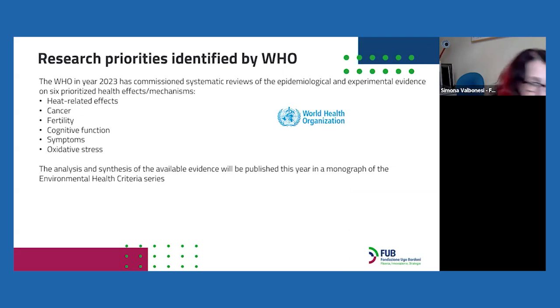The research priority is really important, and in the last year has been identified by the World Health Organization and by SCHEER at the European level. The World Health Organization in 2024 commissioned a systematic review of the epidemiological and experimental evidence focused on six effects and mechanisms: heat-related effects, cancer, fertility, cognitive function, symptoms, and oxidative stress.